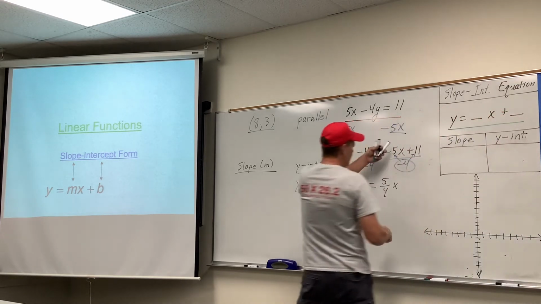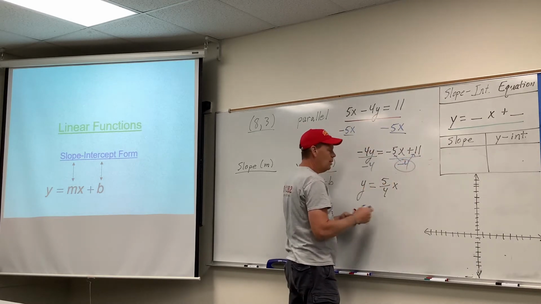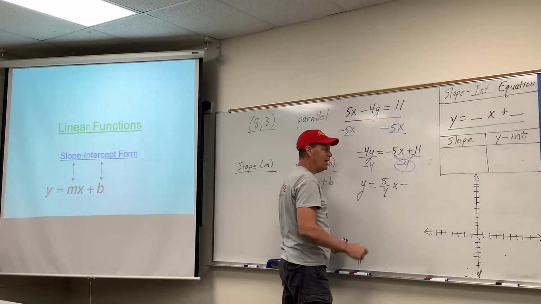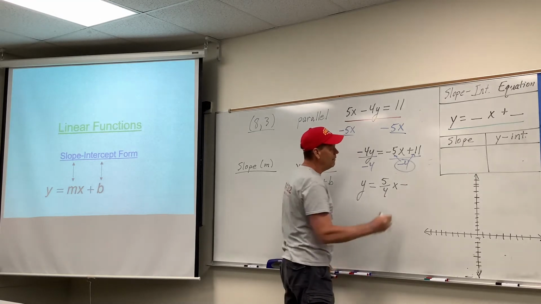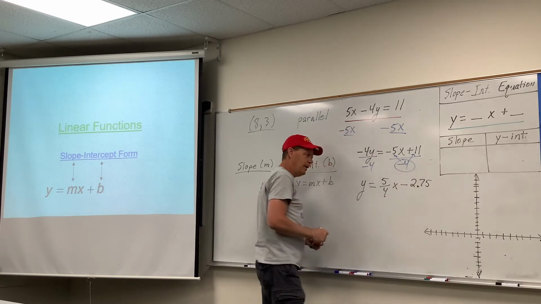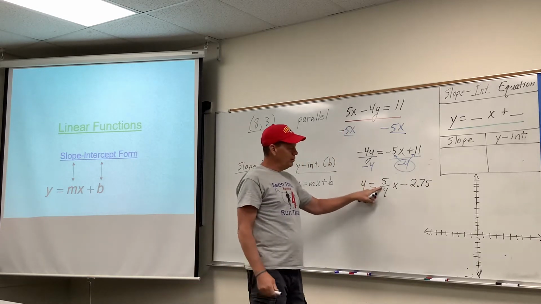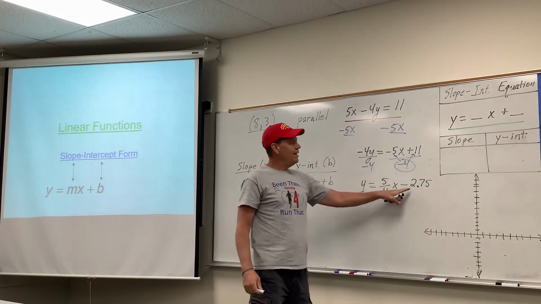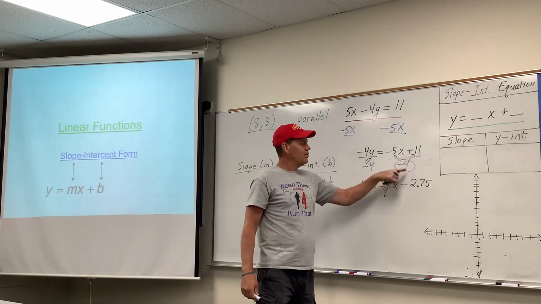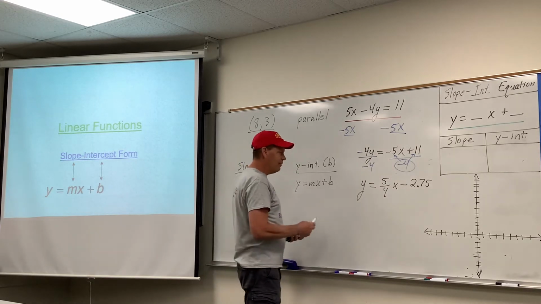And on the second term, positive 11 divided by negative 4 would be negative, and 11 divided by 4 is 2.75, isn't it? Now, I left that one in fraction form because it's going to be the slope, and then we change that one into a decimal because it's going to be the intercept. It doesn't matter terribly, but we're just trying to get a rough graph of this thing.